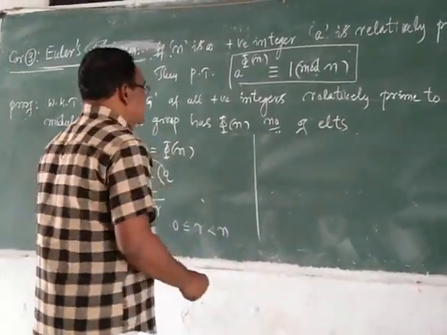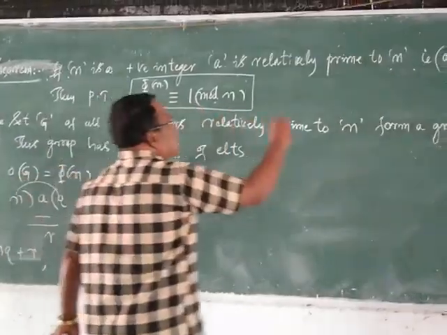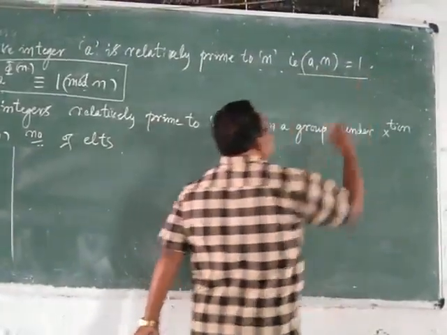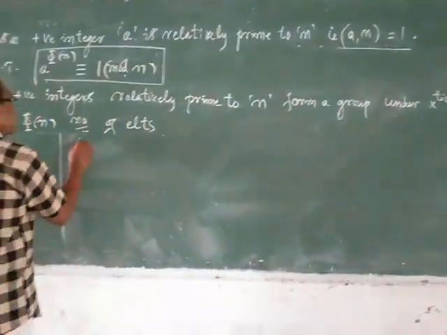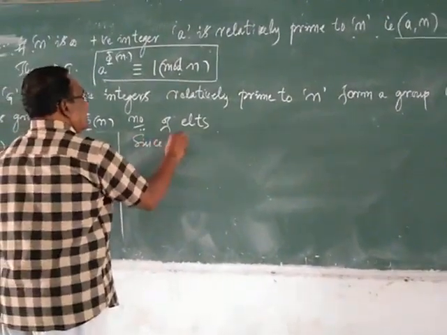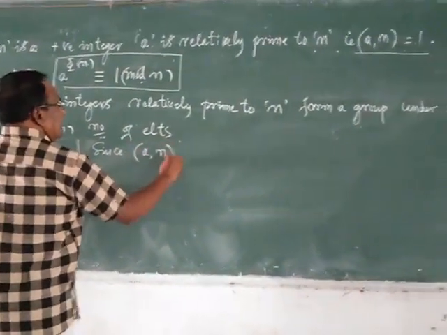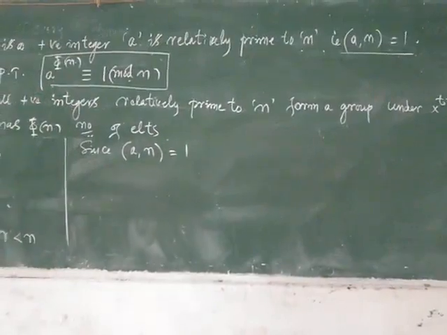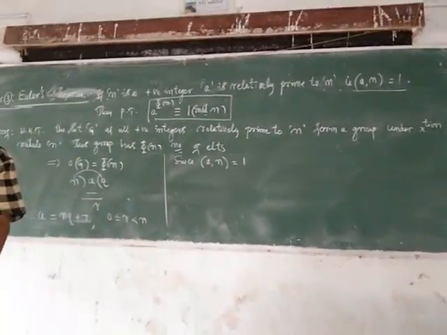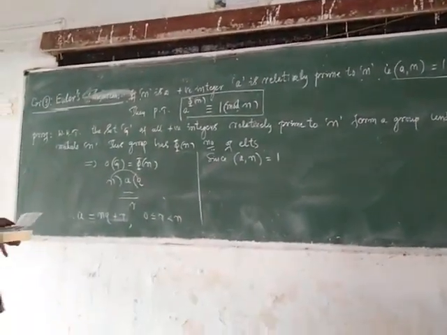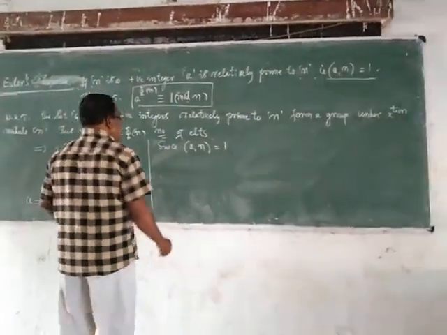In addition, it is given that A and n are relatively prime, which means the greatest common divisor of A and n is equal to 1.